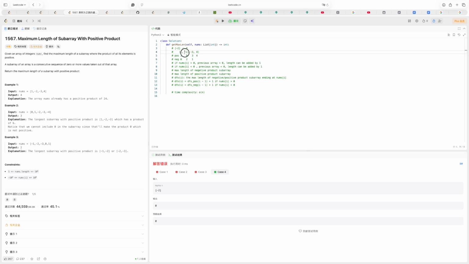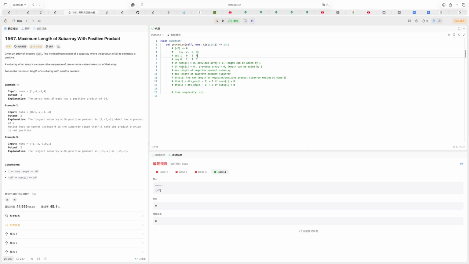And yeah, this is all positive, and negative will be 2. Okay, so we will see the positive, which one is the largest, and it is 4. Yeah, if we do it like this, it will be O(n^2).